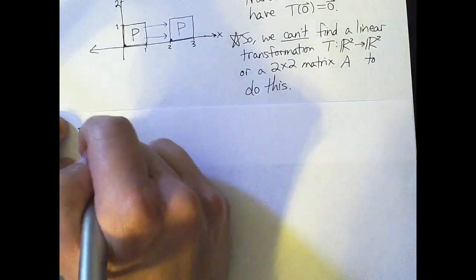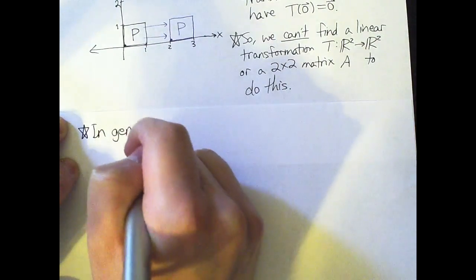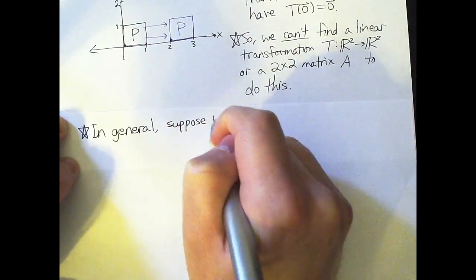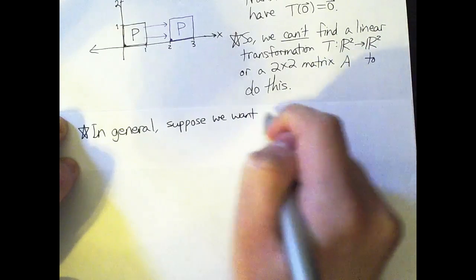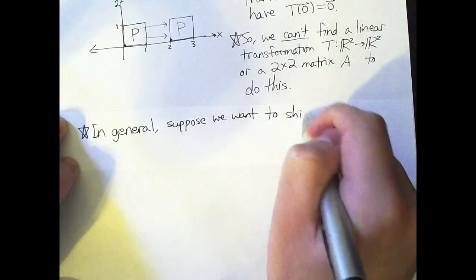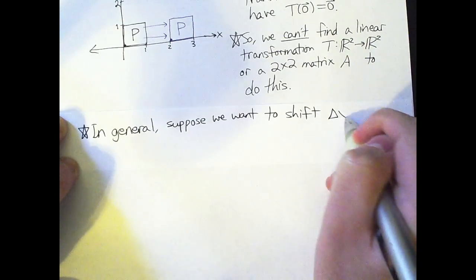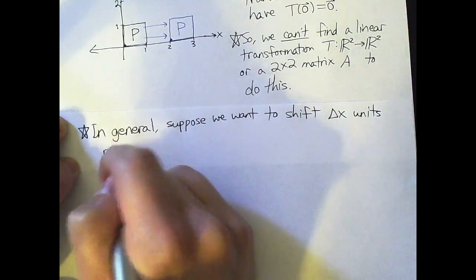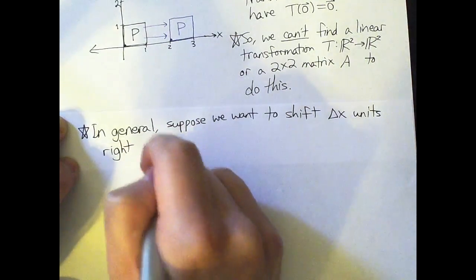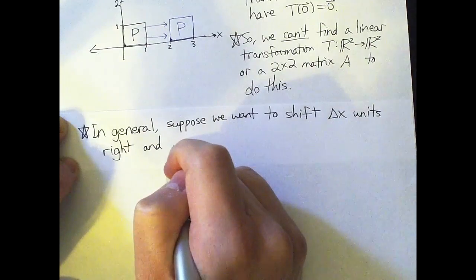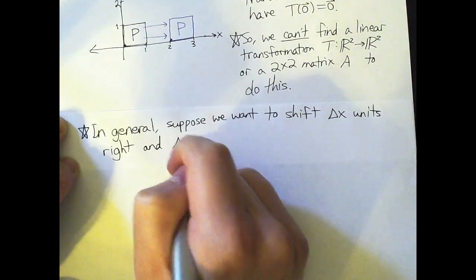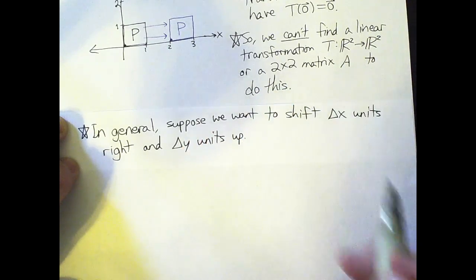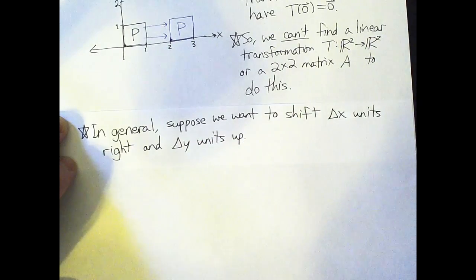In general, suppose we want to shift delta x units to the right, and while we're at it, delta y units up. Let's say we want to be able to shift horizontally and vertically.